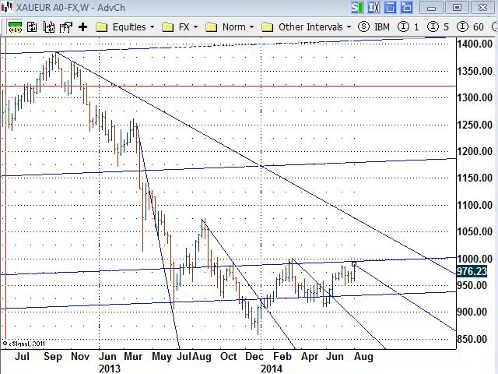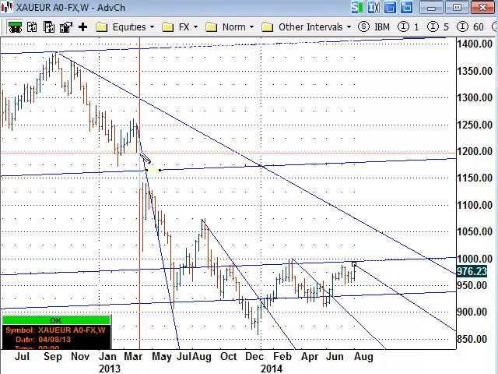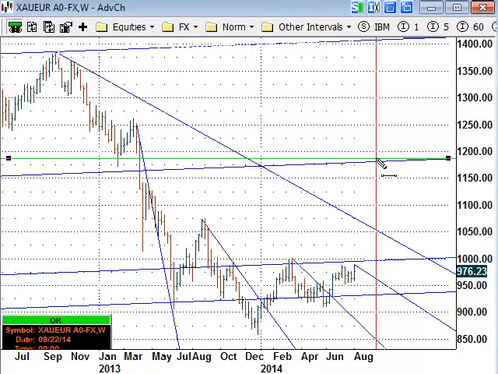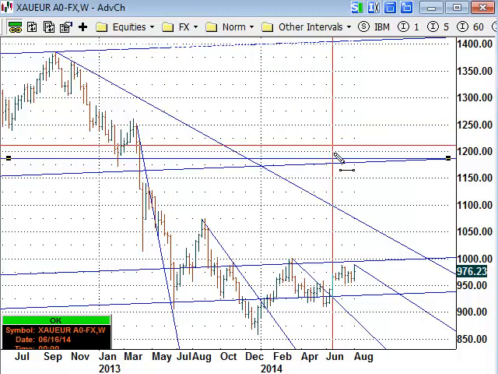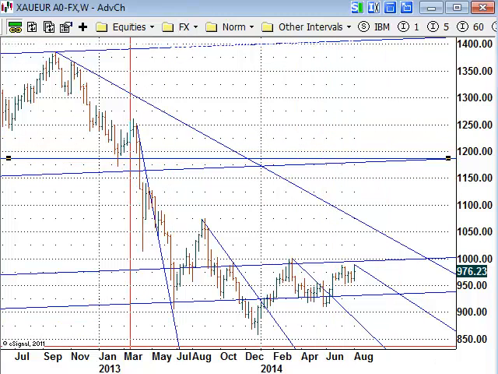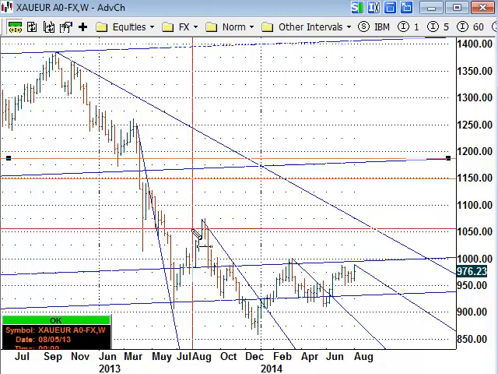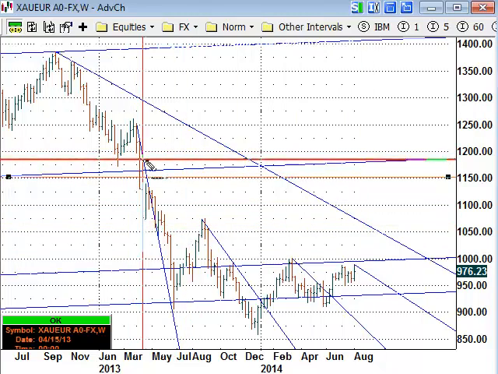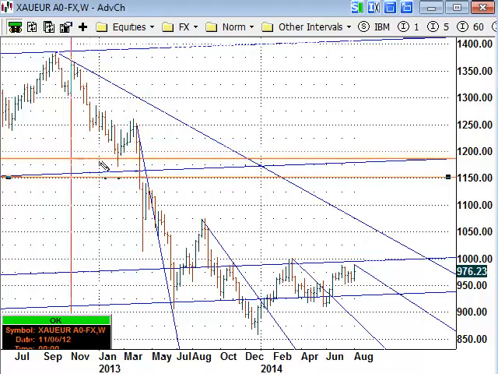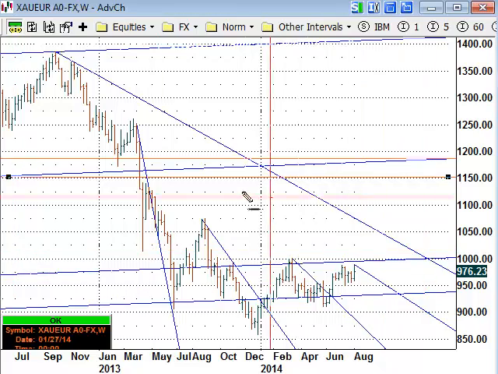There is a zone which can be seen here. Let's edit that, and it extends down to there. So there's this gap here which the market broke down through, which will represent overhead resistance.